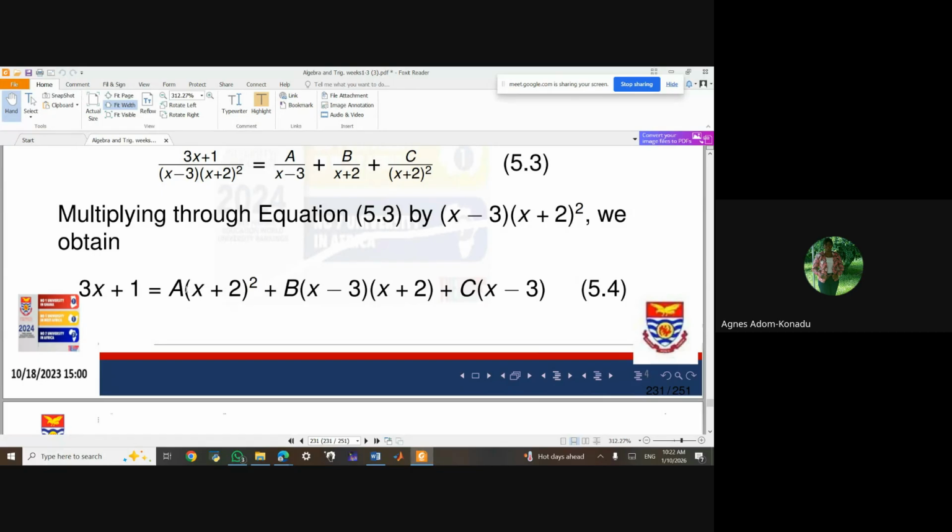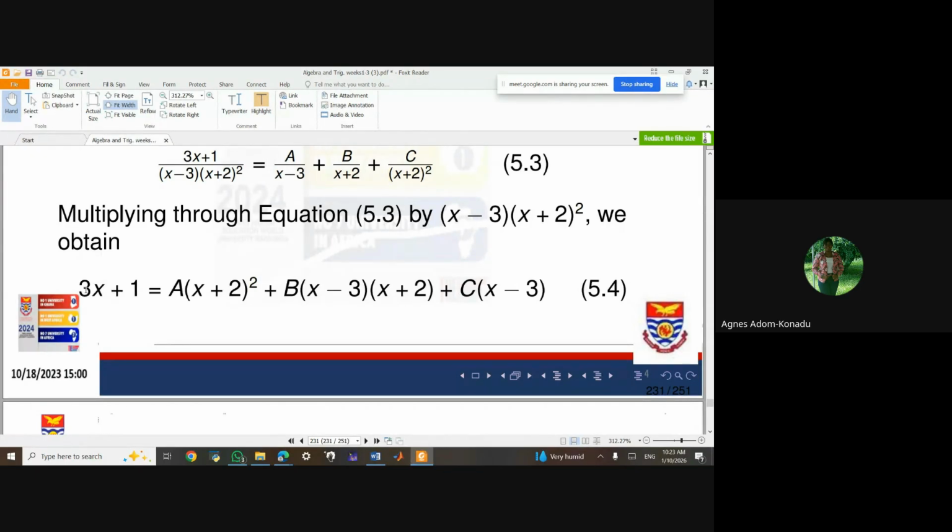I'm saying that you want to find the value of a, b, c. So the first thing, I will go to the c and see that when x equal to 3, when I substitute 3 here, this will be 3 minus 3, so this will go to 0. Then when I substitute 3 here for b, I'll have 3 minus 3 go to 0. So when x equal to 3, both my b and c will go to 0.